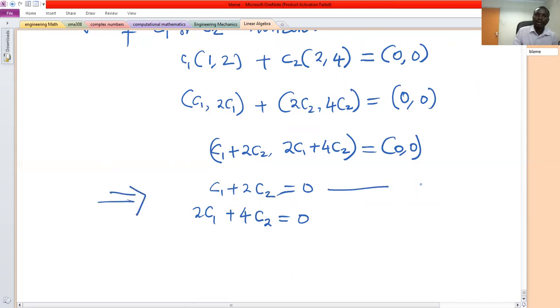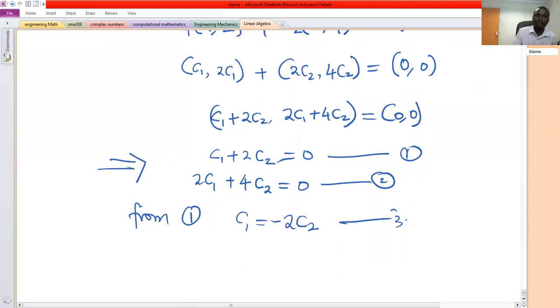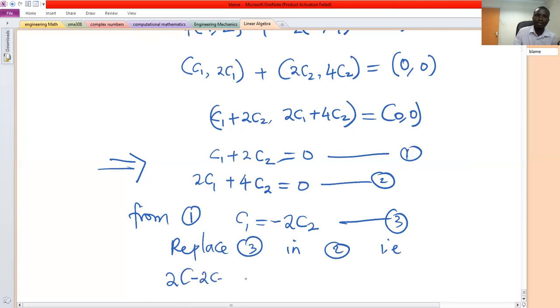Now, if I call this equation 1 and this equation 2, this is just a system of two linear equations in two unknowns, C1 and C2. So from 1, C1 equals minus 2C2. If I call this 3, replace 3 in 2, i.e., for C1, I put minus 2C2 plus 4C2 equals 0.